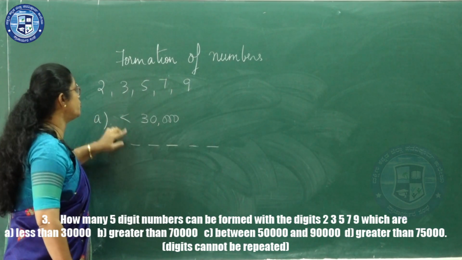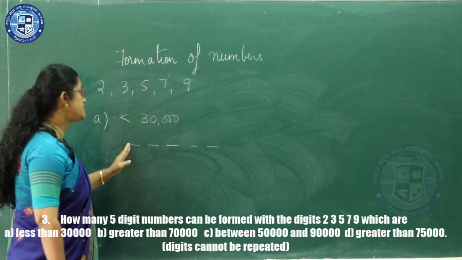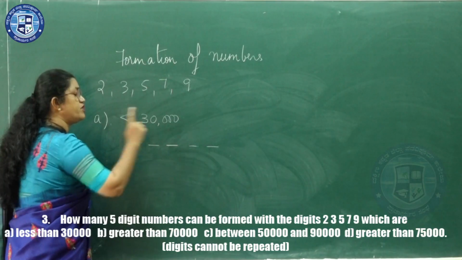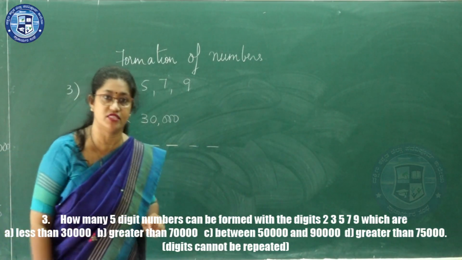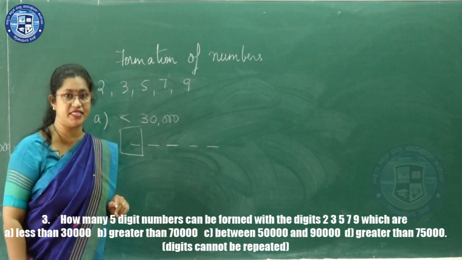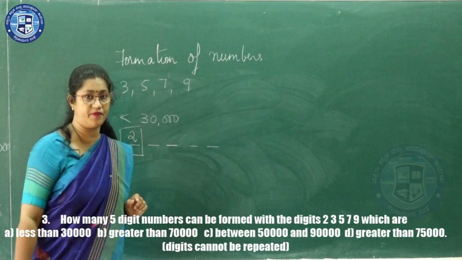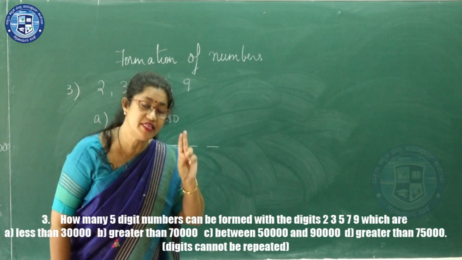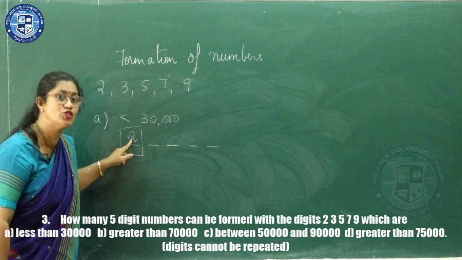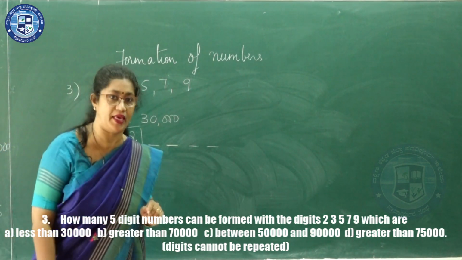If I put 2, the number will be in the 20,000 series, so it will be less than 30,000. If I put 3 here, the number will surely be more than 30,000. That means I have a restriction for this place, and I can put only one number. Don't get confused, the number is 2 but the choice is 1.